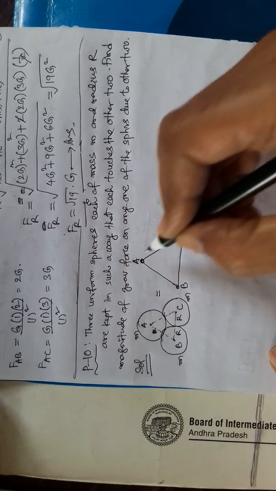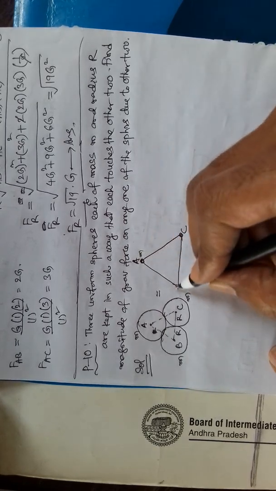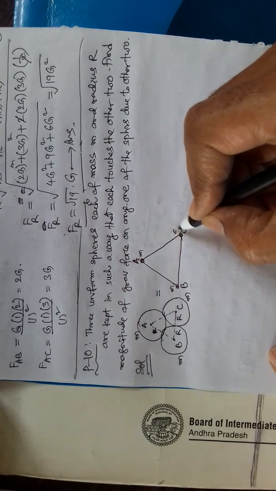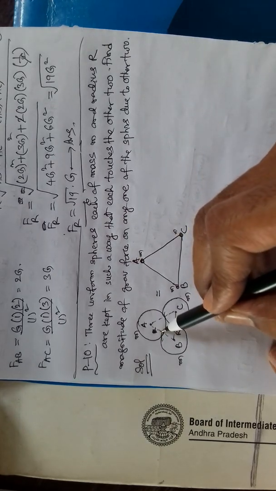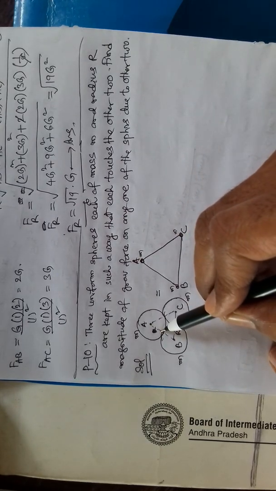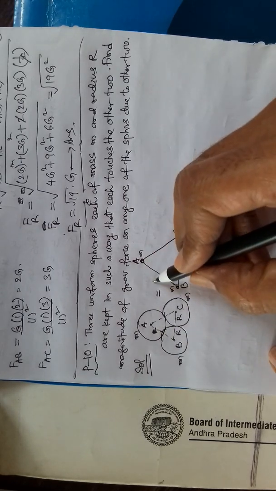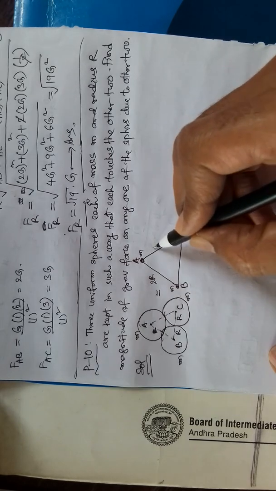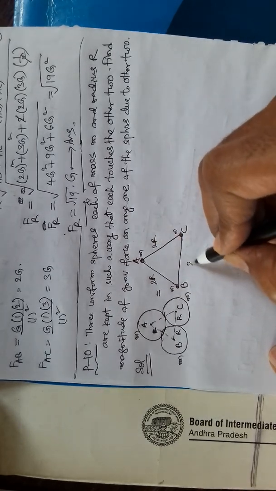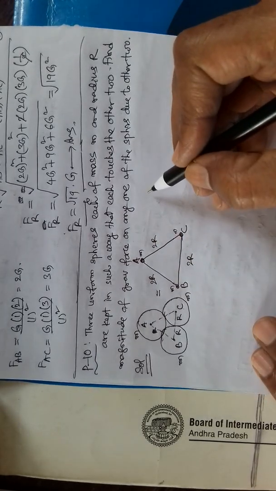Now we can assume here point masses are placed like this. Each mass is m, and here the radius is capital R. So here to here r and here to here r, plus r, 2r. So its side becomes 2r.